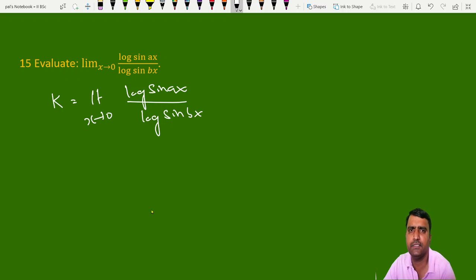See that log 0 is minus infinity or plus infinity. If you don't know that, you take it like this: log 0 is equal to x.